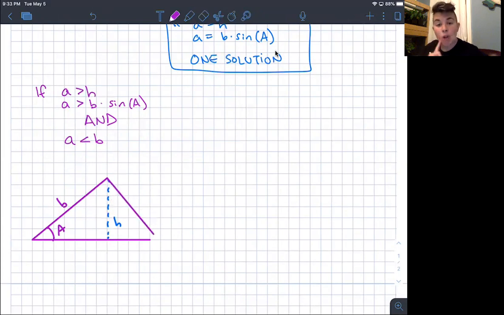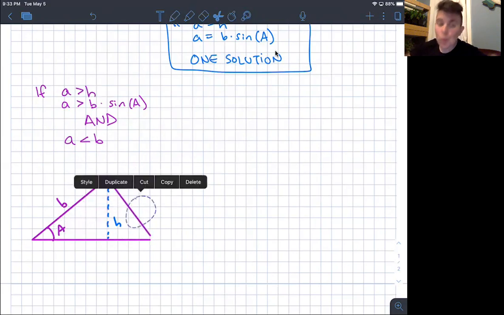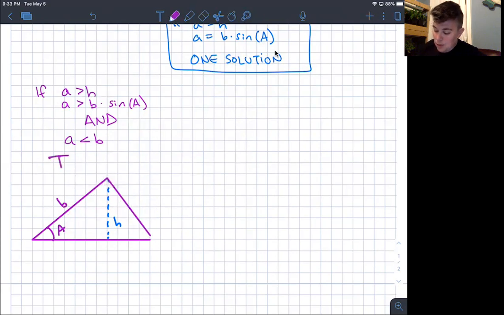So if A is longer than the height, but it's not as long as side B, then side B is definitely longer than side A. What that means is that I have the possibility of making two triangles. And let me show you how. Two triangles or two solutions is what I was about to write.